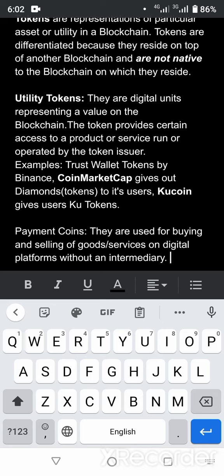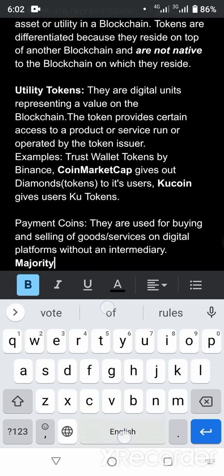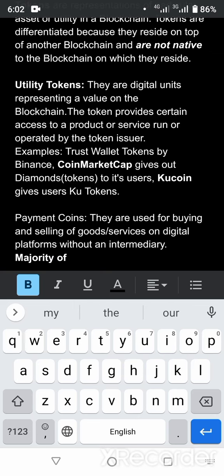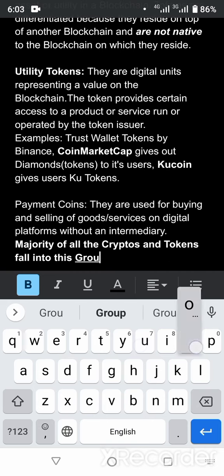Now, majority, let me put this in bold, majority of all the cryptos and tokens fall into this group.